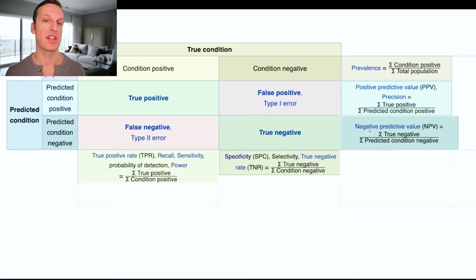If you're in a population that has a high prevalence, there's a lot of that condition in the population, then that will increase your positive predictive value without having any impact on the test characteristics itself. So when we talk about positive predictive value, it's a combination of the test characteristic and the characteristics of the population. Whereas the sensitivity and the specificity of tests don't change depending on the population.